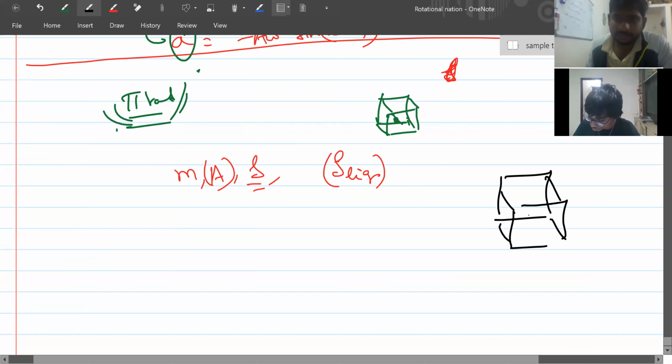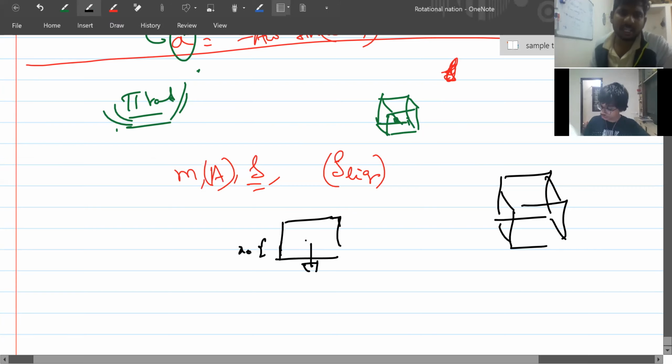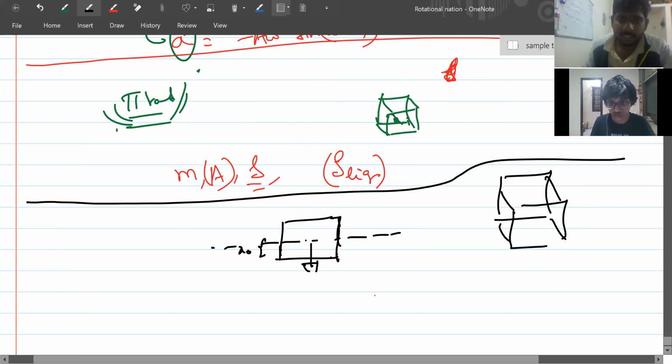The block is there. Initially, suppose a block is displaced by some x naught distance. Okay, some x naught distance is immersed in the liquid. So now, what is the volume of liquid displaced due to this block? Yesterday I taught you one simple problem. That is, mg is the downward force, buoyancy is the upward force, right?